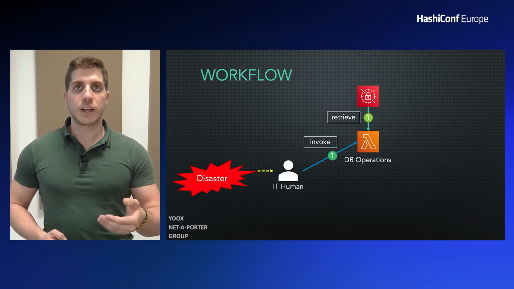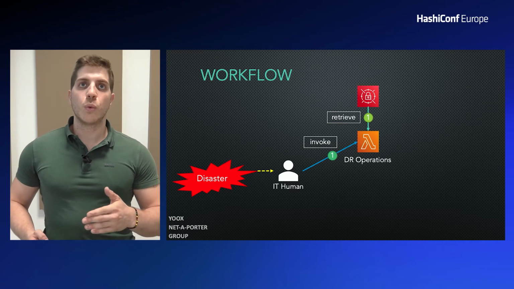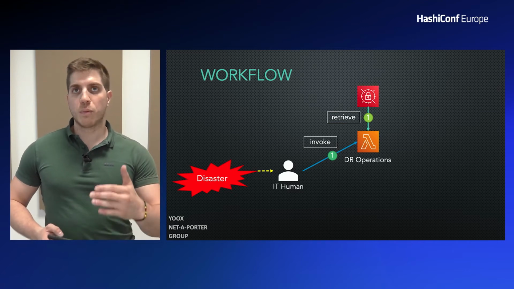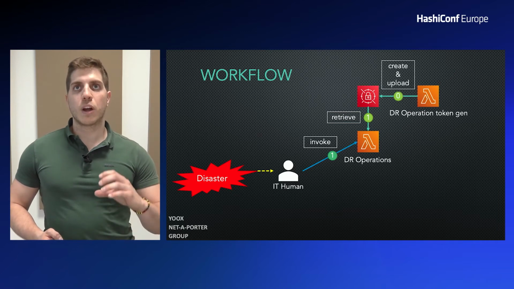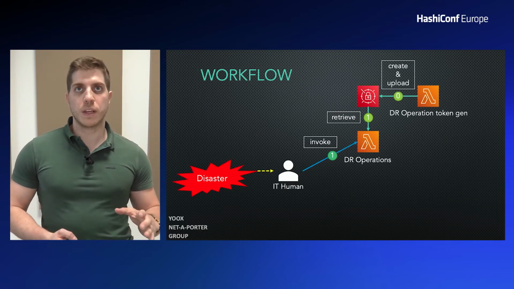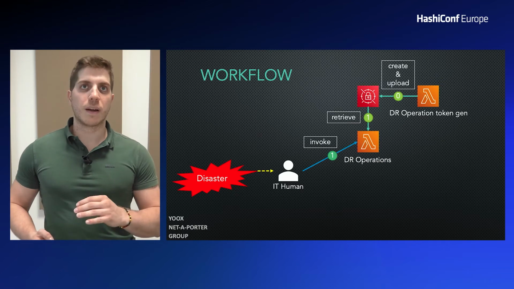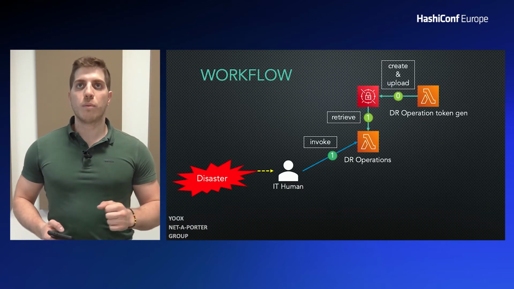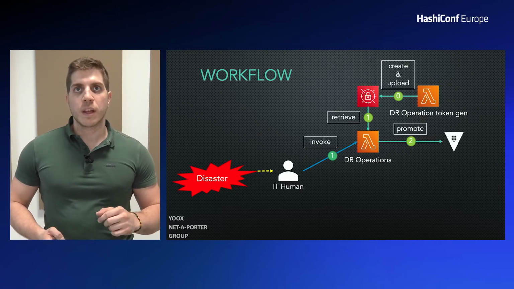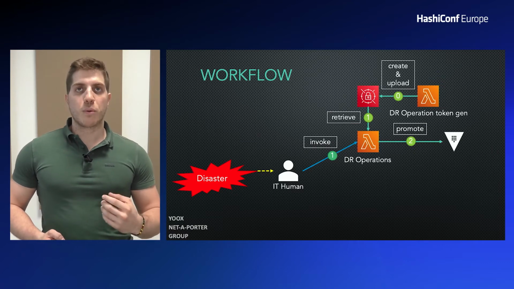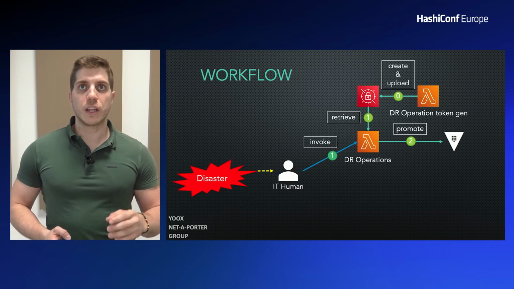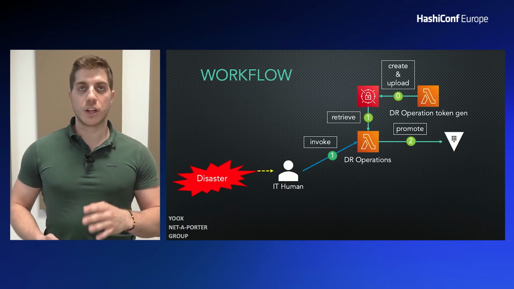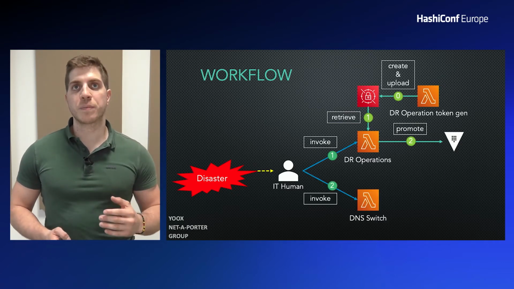This is the token that is needed to interact with the secondary cluster, to promote it, and to eventually demote the primary cluster. This DR operation token will be put in Secrets Manager by another Lambda, which we call the DR operation token gen Lambda. And finally, once the DR operations Lambda has taken this token, it will be able to promote the secondary cluster to a new primary.